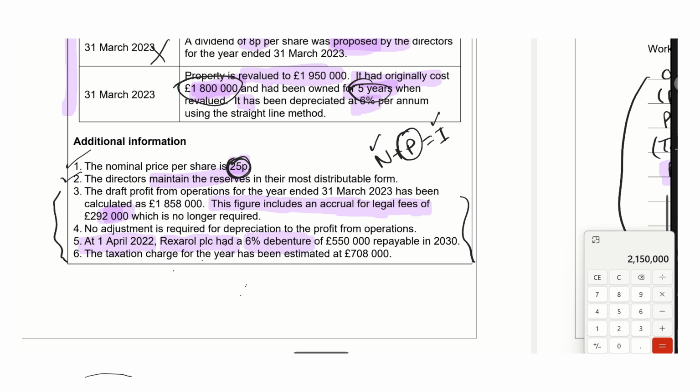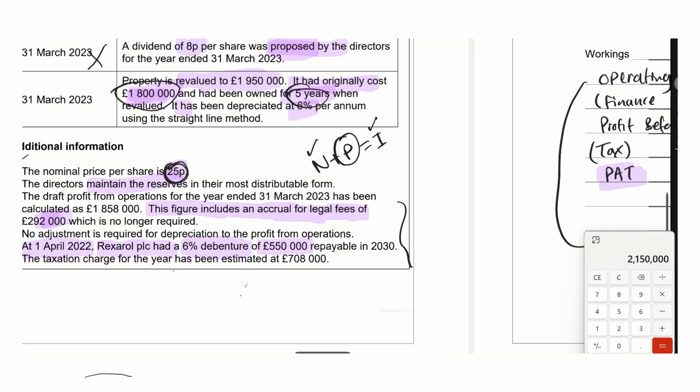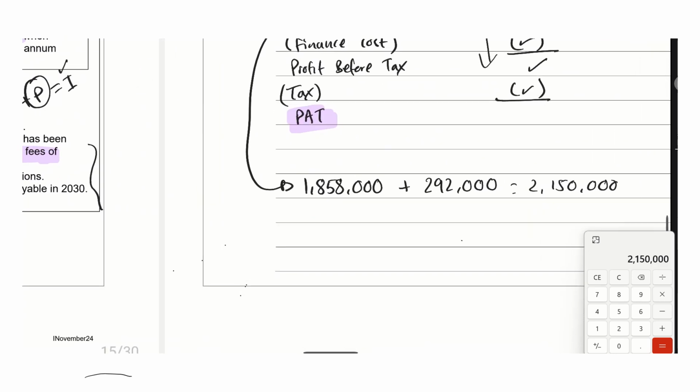And the interest is always given on an annual amount. So the 6% is an annual interest that they have to pay on £550,000, payable in about 7 years' time. So you have to work out the interest for the year. It should be relatively straightforward. You do 550,000, the amount of the debenture, times this by 6%.